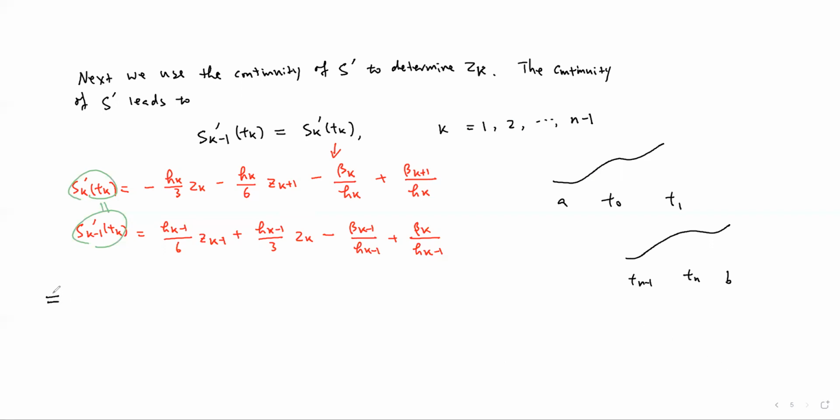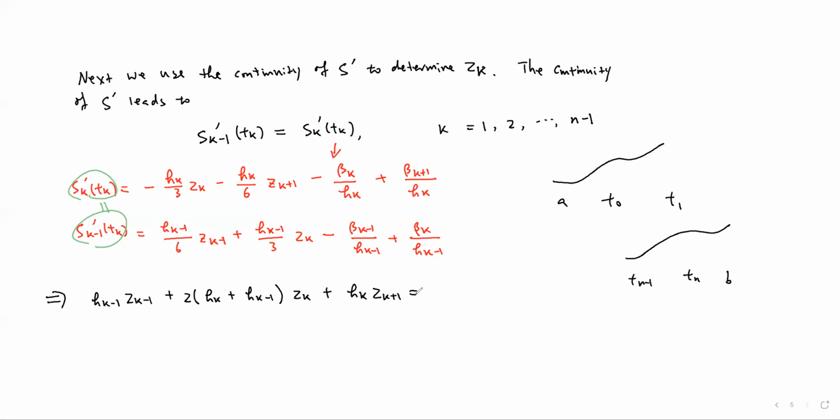That implies this equation: h k minus 1 c k minus 1 plus 2 h k minus 1 c k plus h k c k plus 1.